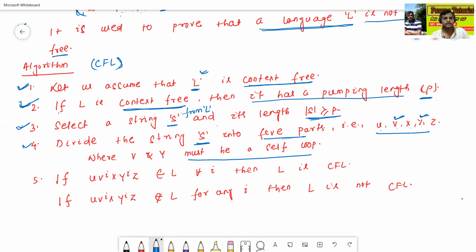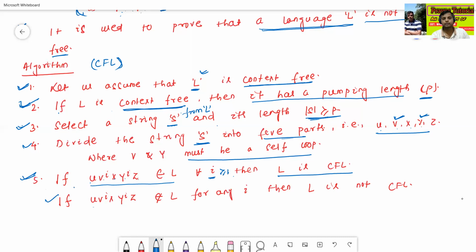What is the fifth step? If u v^i x y^i z belongs to L for all i values, where i is greater than or equal to 1, then L is context-free language.